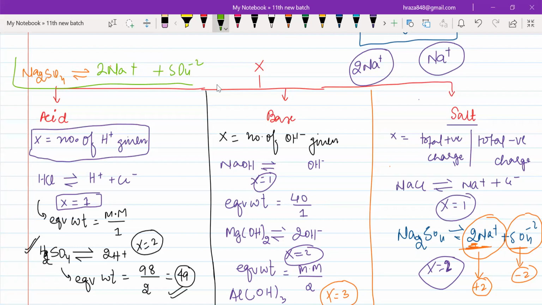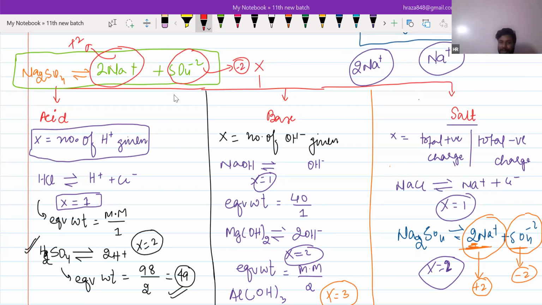Now it is balanced, charge by charge and atom by atom. You can take the negative charge or the positive charge. What is the whole charge on the negative? Minus 2. On the positive? Plus 2. If you add positive and negative, it will be 0, because there is no net charge on the compound. Okay, so please write it.